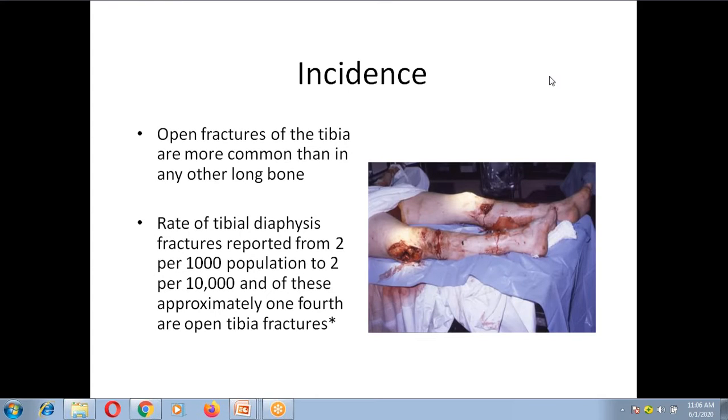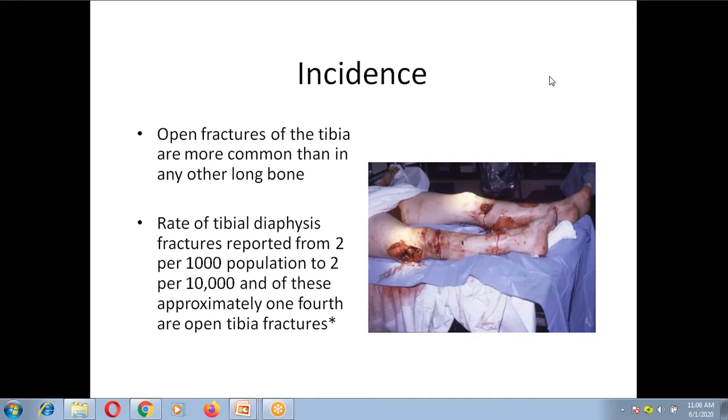Next, open fractures are most common in the tibia, more than in any other long bone, because the tibia is a typical example for open fracture. Why? Because it is a subcutaneous bone, covered only with skin on the anterior surface, so it is very prone to open fractures.